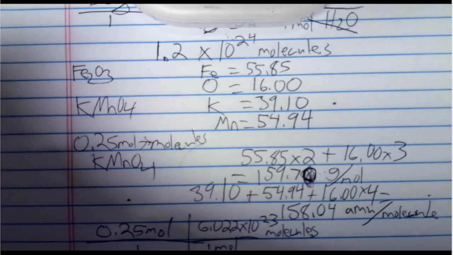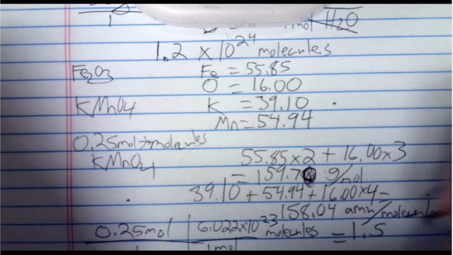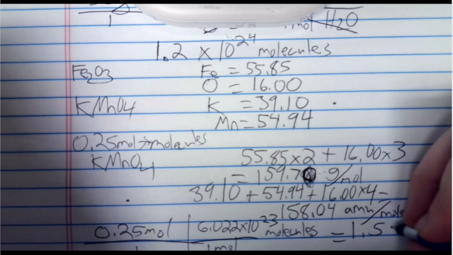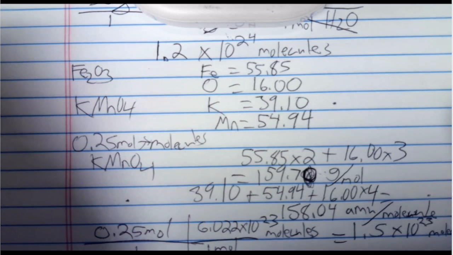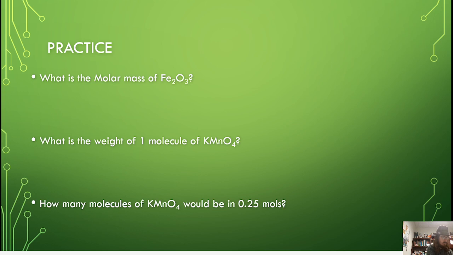We don't need the molar mass at all. And so we get 1.5, let's say, yeah, that's where we'll have to round, 1.5 times 10 to the 23rd molecules, or formula units. And that is that. So, with that in mind.